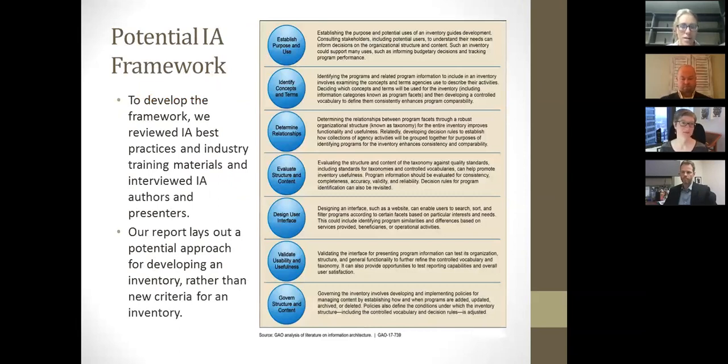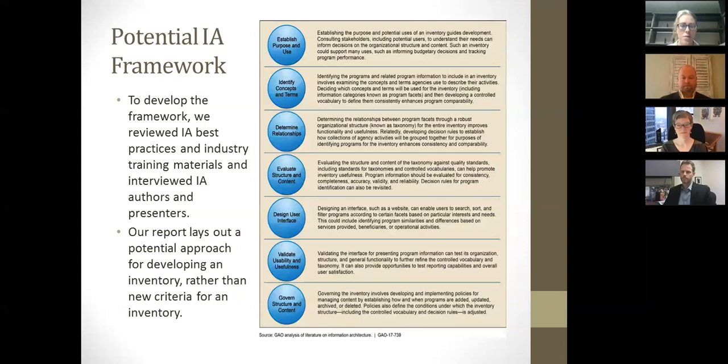Great. So, again, there's several challenges that exist with this effort. And when we started this engagement, we wanted to focus on where is there a path forward? How can we move forward with this effort to help OMB determine steps to inventory information about federal programs?